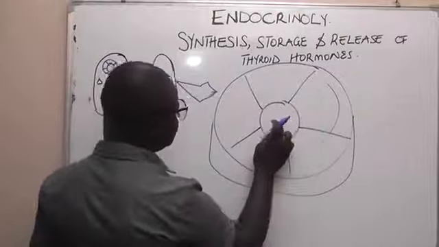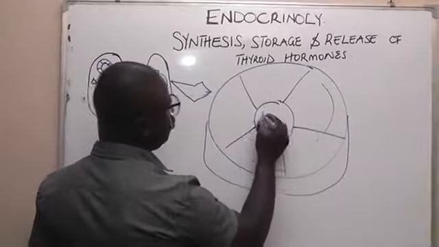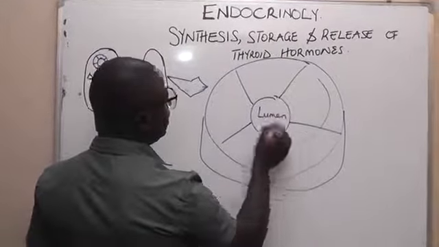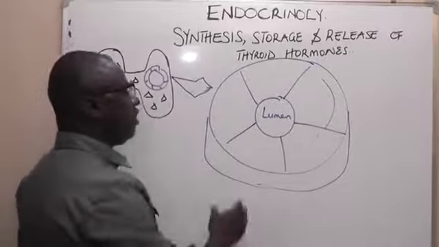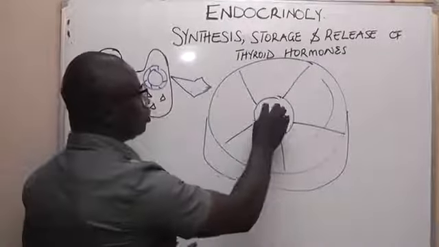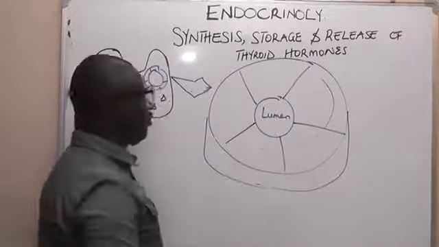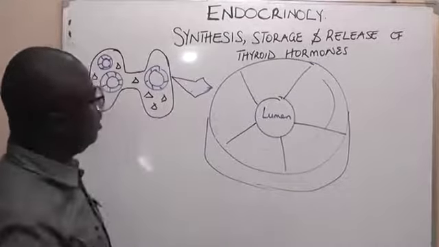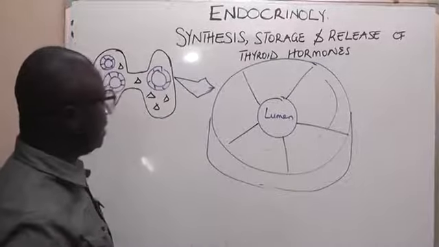Okay, so this aspect is the lumen, right? This is the lumen, and within this lumen, we have a fluid medium known as colloid. We'll look at that in detail later on.